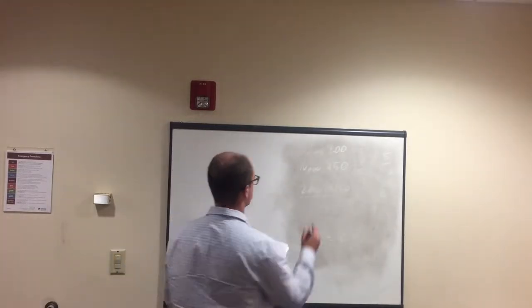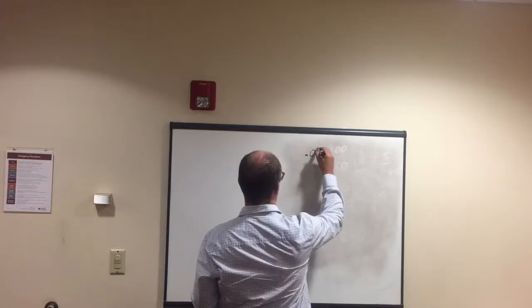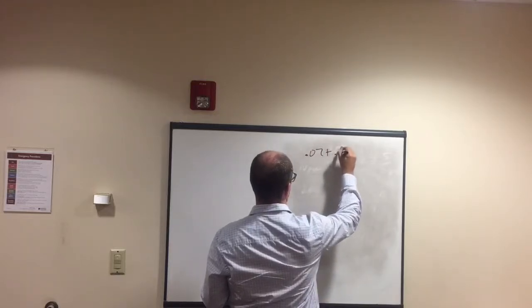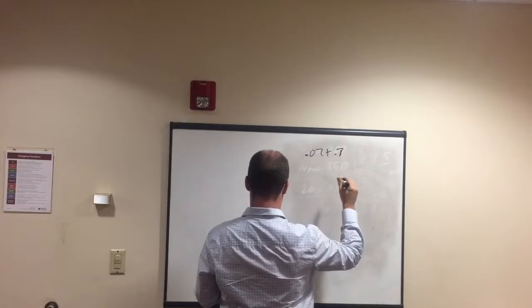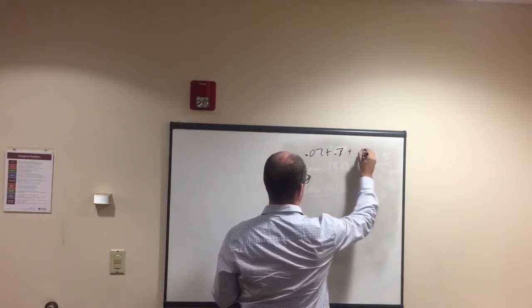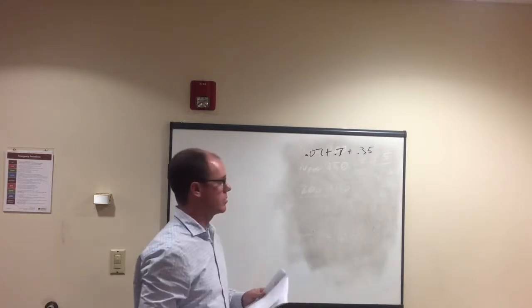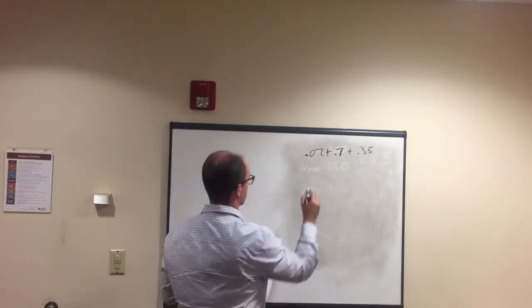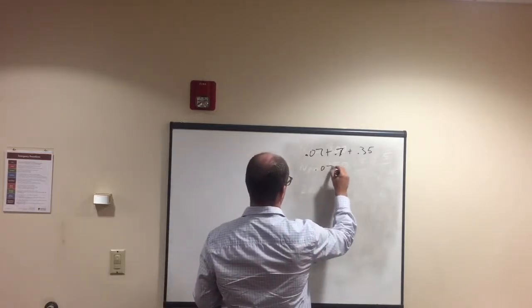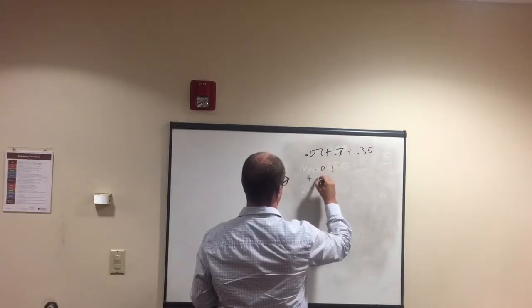Okay, so the first one, we've got 0.07 plus 0.7 plus 0.35. Okay, so let's start off with the first two, right? We're looking at 0.07 plus 0.7, which is really 0.70, right?